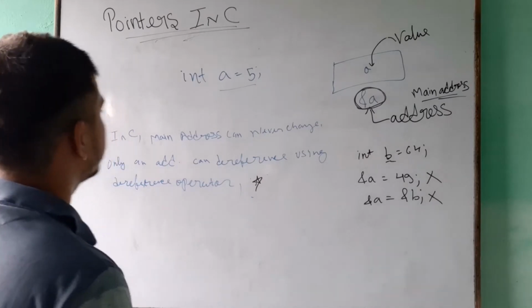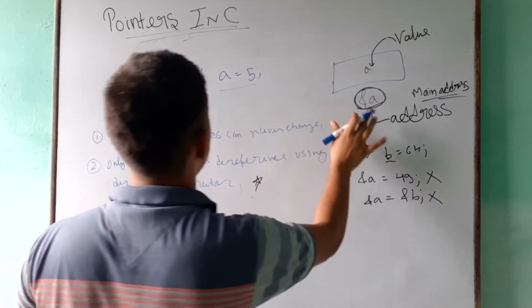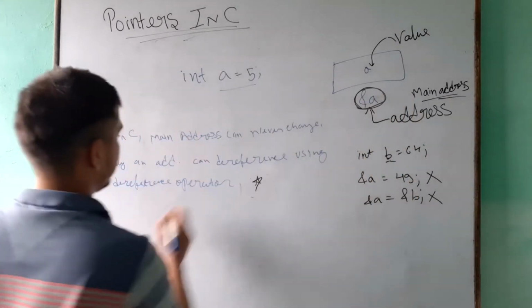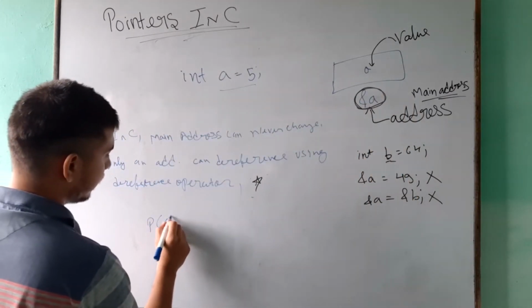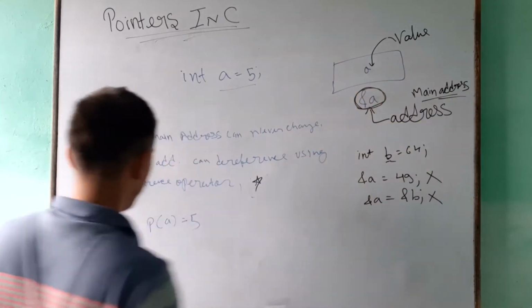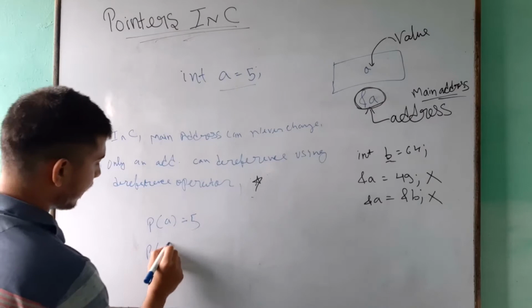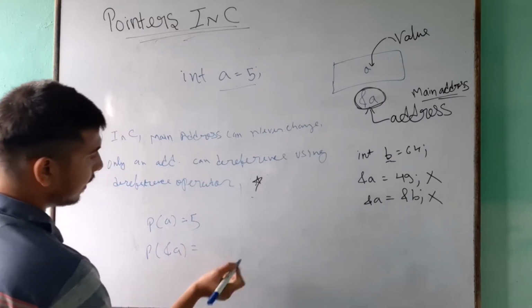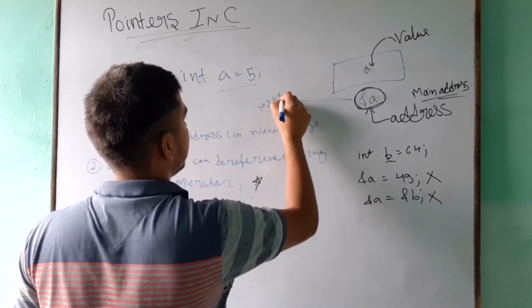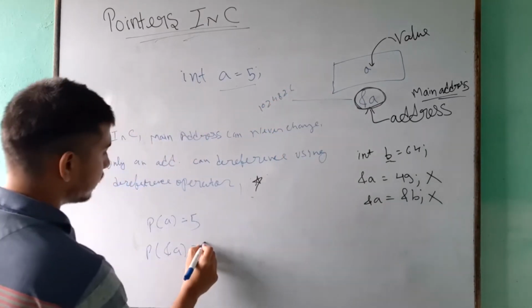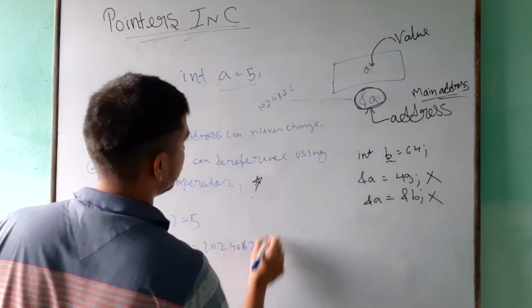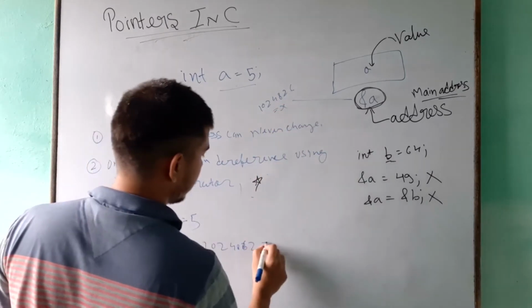Let's stick to the same example. If I write printf of a, it will give me the value 5, right? And if I write printf of &a, it will give me an address. Let's say this is 1024862, or let's say it is x.